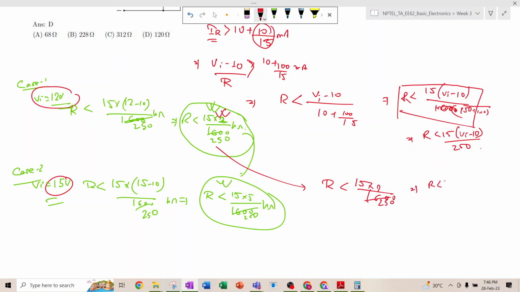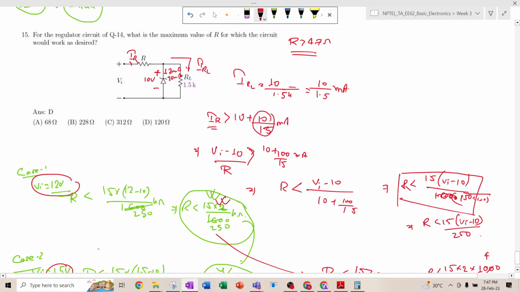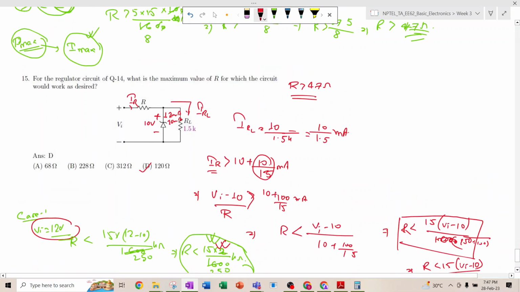So resistance is 15 into 2 into 1000, because I'm converting it to ohm from kilo ohm, divided by 250. So it cancels out to be 4, so R should be less than 15 into 8, that is 120 ohm. So the resistance value should be less than or equal to 120 ohm. If it is less than 120 ohm, then only the circuit can operate over the input voltage range.